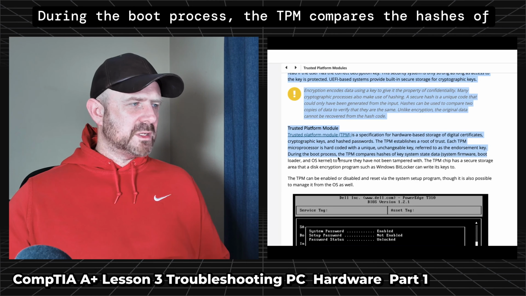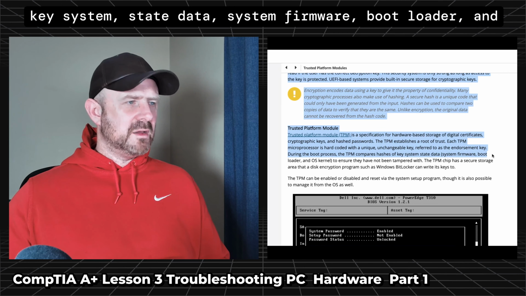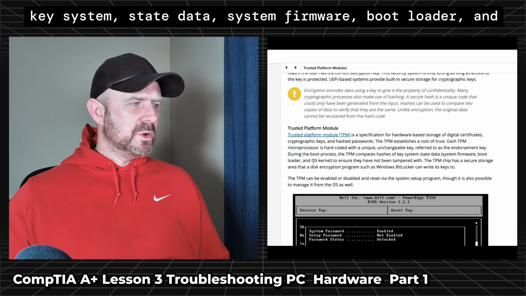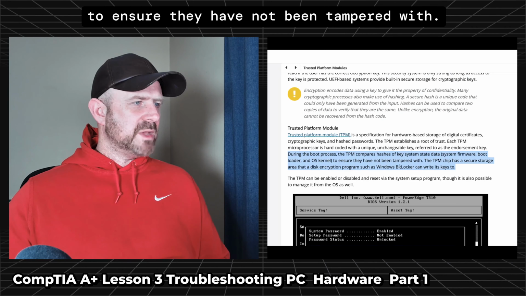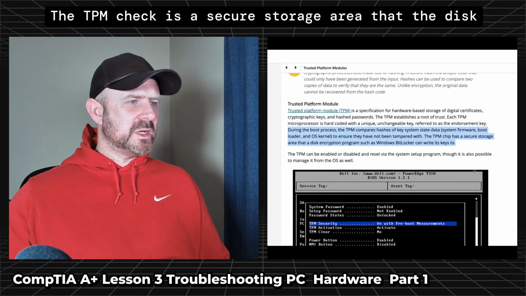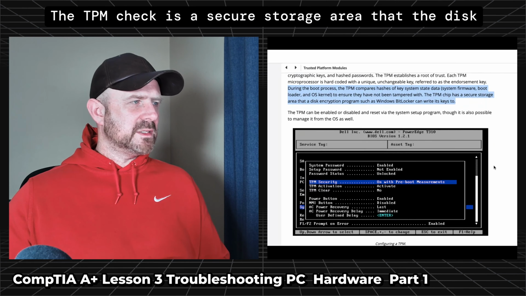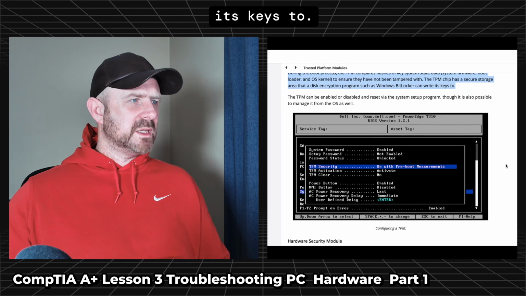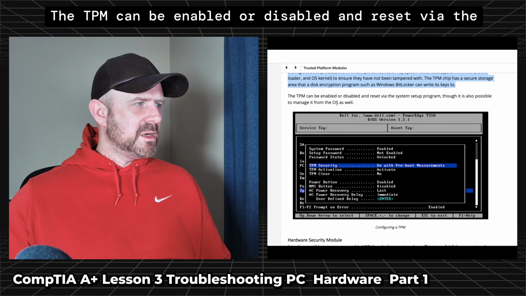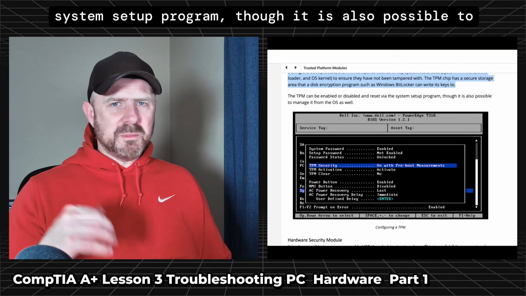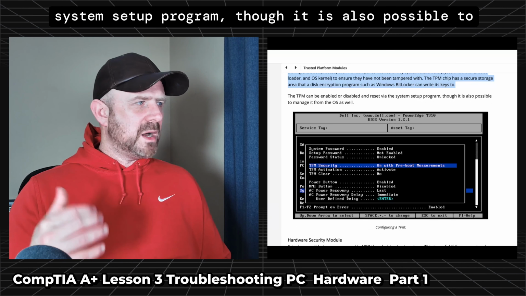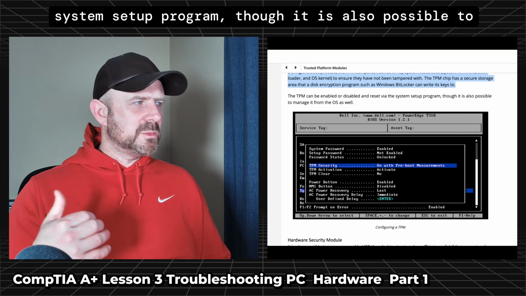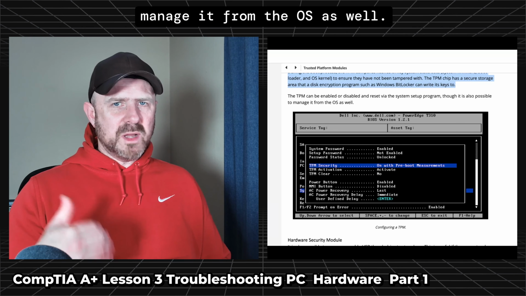During the boot process, the TPM compares the hashes of key system state data, system firmware, bootloader, and OS kernel to ensure they have not been tampered with. The TPM is a secure storage area that a disk encryption program, such as Windows BitLocker, can write its keys to. The TPM can be enabled or disabled and reset via the system setup program, though it is also possible to manage it from the OS as well.